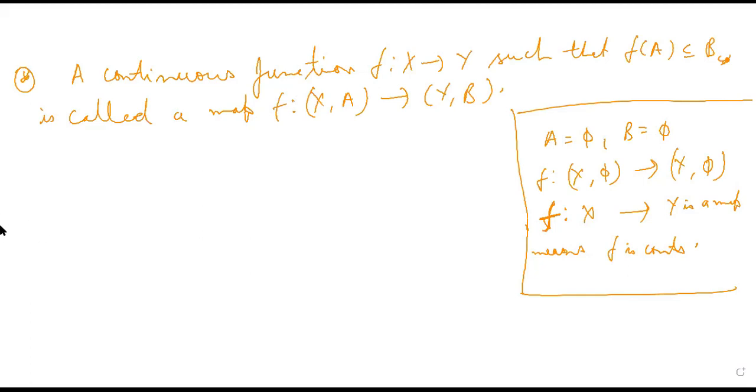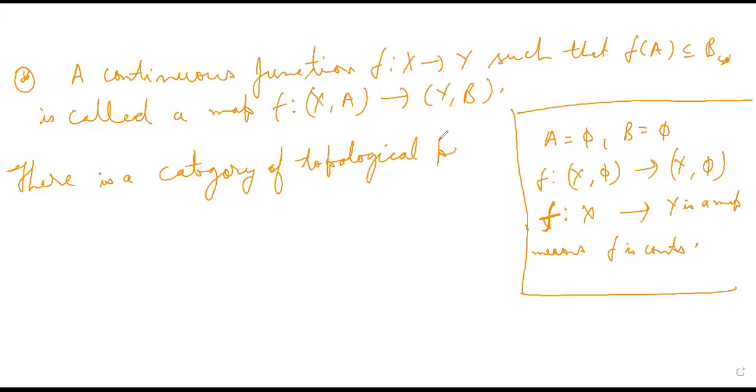Next, there is a category of topological pairs and maps between them.